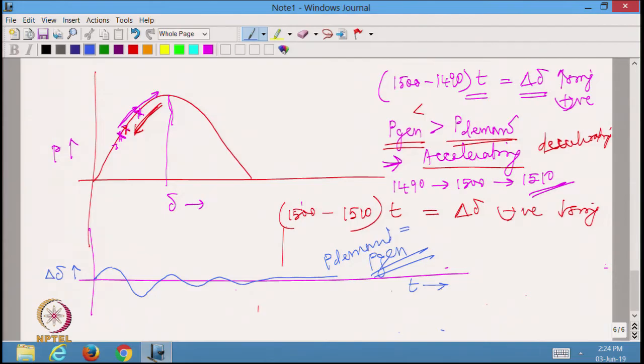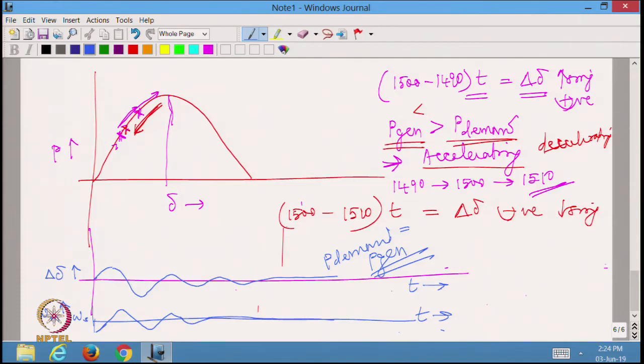But when you actually look at the speed, it would have started from less than synchronous speed, it would have increased, decreased, increased, decreased and ultimately settle at synchronous speed itself. This is omega s. So, we are talking about omega m, how it is changing with respect to time. So also will be the torque.